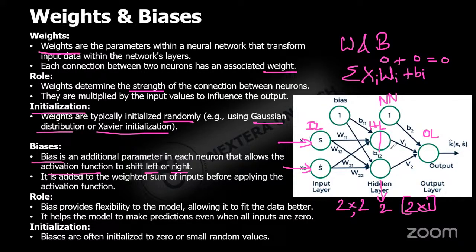So 2 weights will be initialized, W21 and W22. But bias will only be 1. This is how you can remember, because we'll recap this as part of our use case.